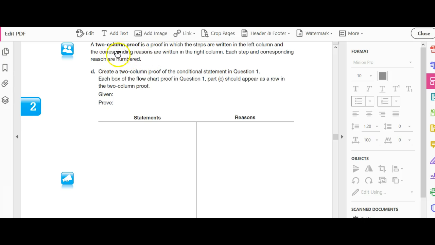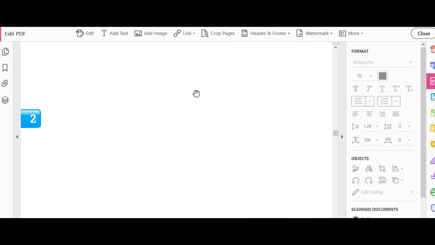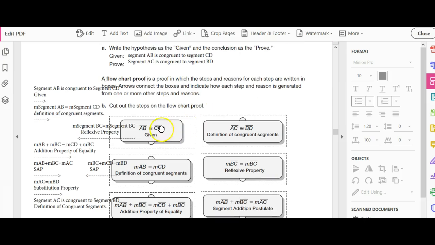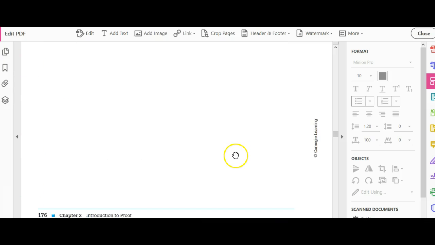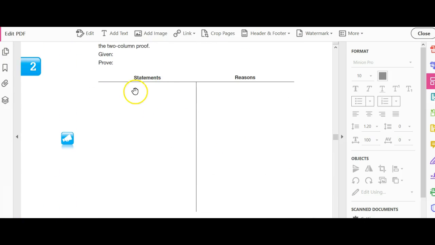Now, corresponding means the reasons that are attached to the steps, right? So remember up here, when you have your statements, underneath the statement is the reason, right? So what I want you to do is you're going to split those up. The statements are going to go on the left and the reasons are going to go on the right.